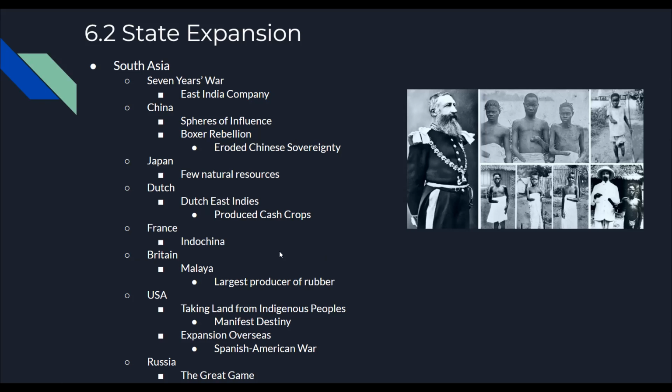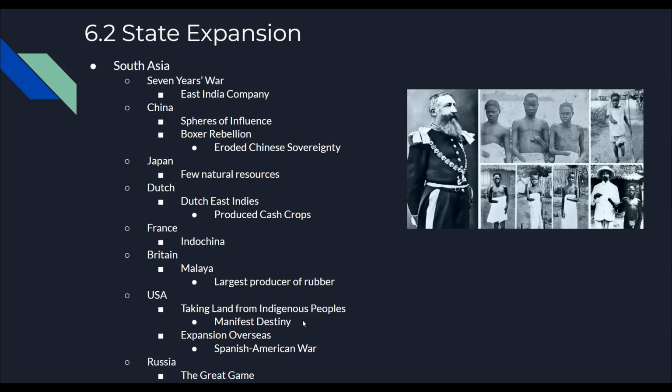So the United States was basically taking land from indigenous peoples. And they believed they had a manifest destiny, or a natural and inevitable right to expand to the Pacific Ocean. Along with this, you had expansion overseas in places such as Guam, Puerto Rico, Cuba, and the Philippines.